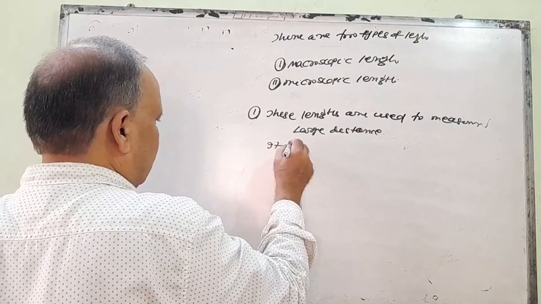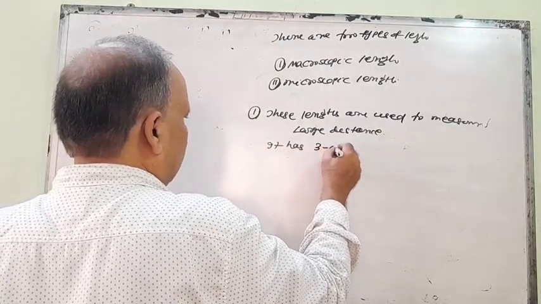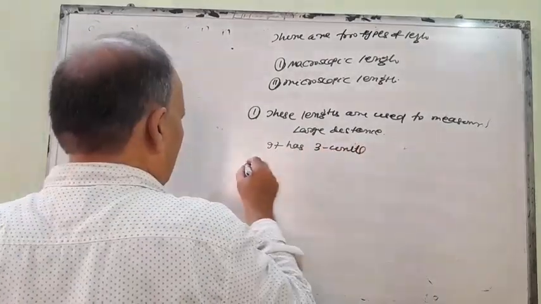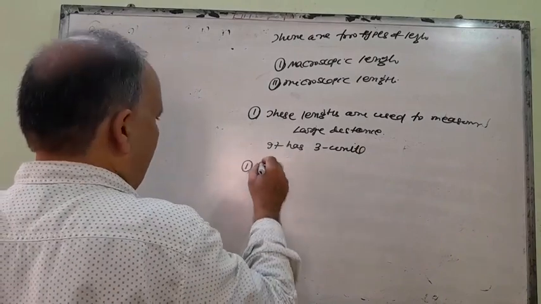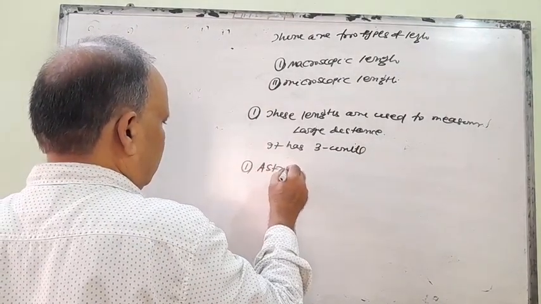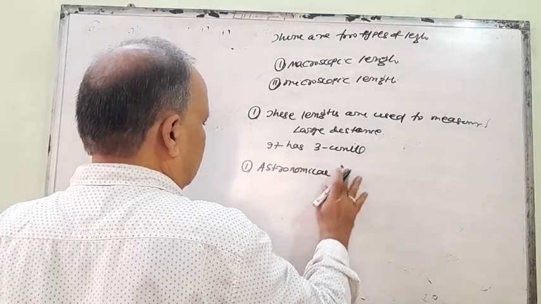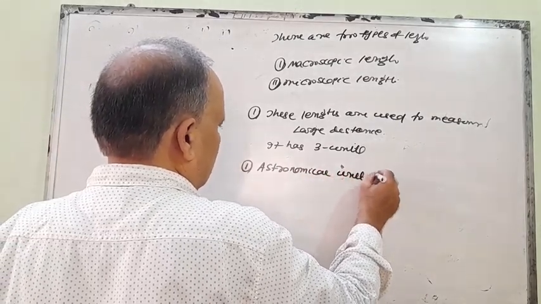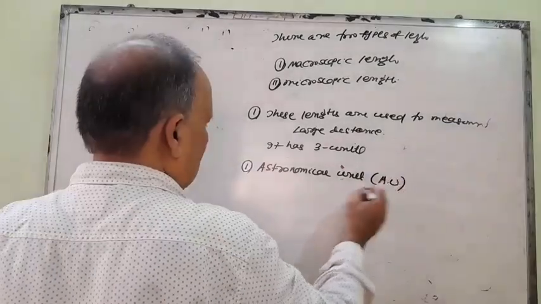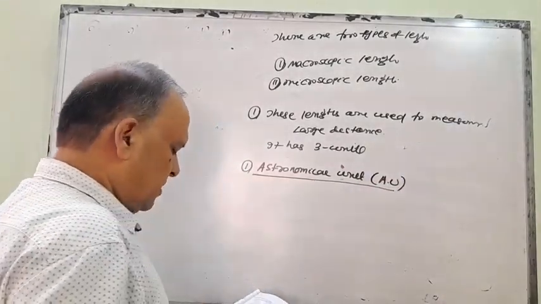It has 3 units. You remember, first one is your astronomical unit, that is your AU. What is astronomical unit?